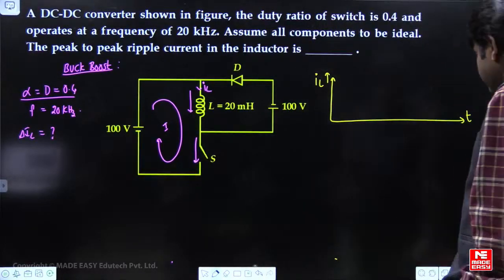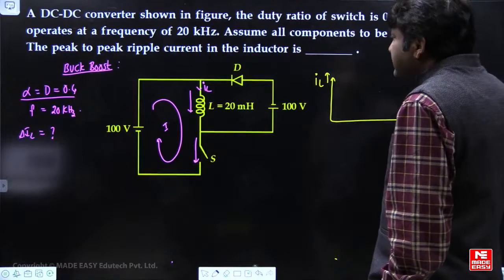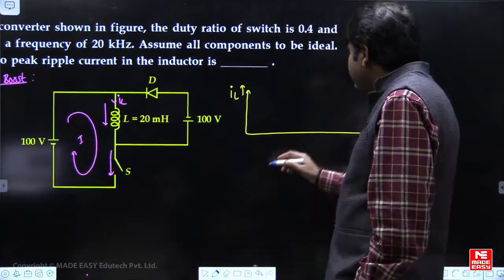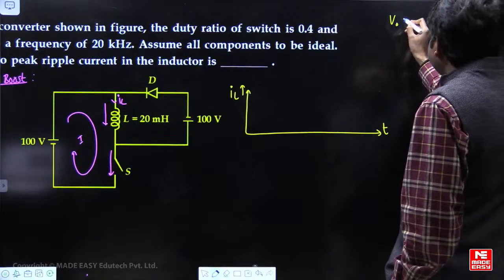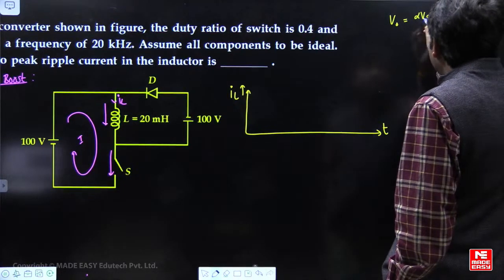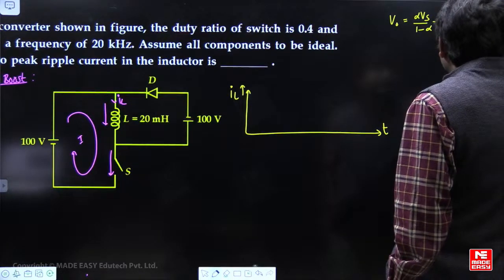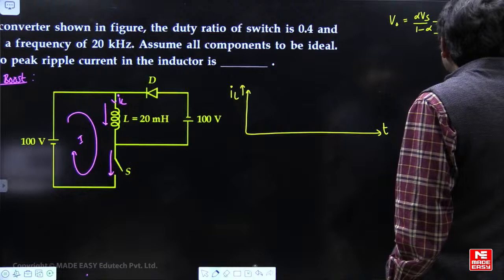So it is a buck boost converter. What is the formula for average voltage? Average voltage is alpha Vs by 1 minus alpha. This is applicable if it is continuous conduction. This is also applicable when it is at the boundary.